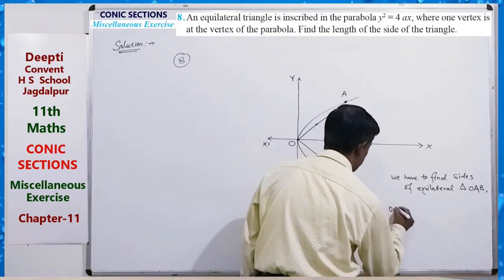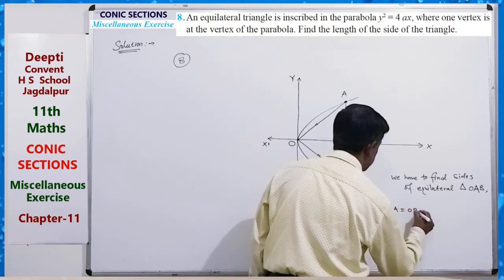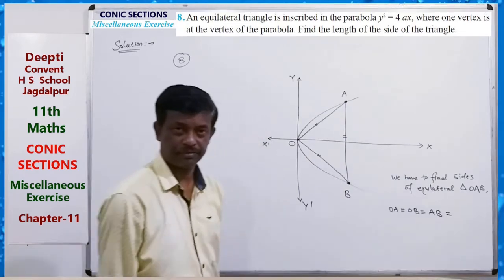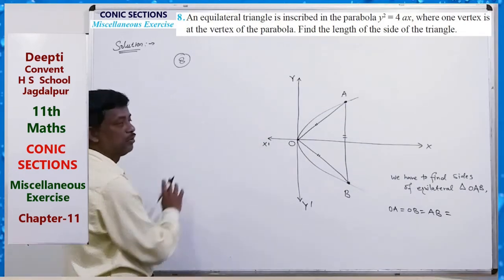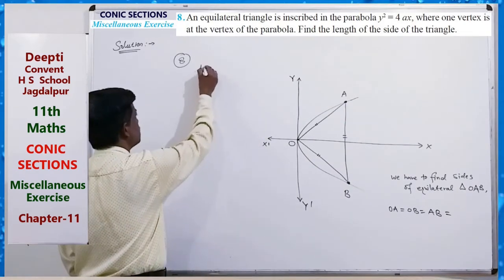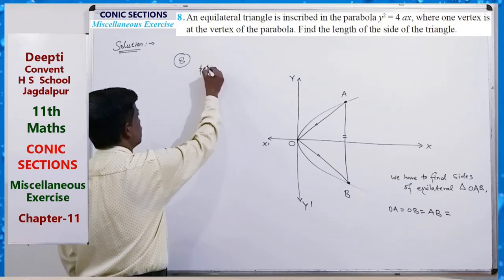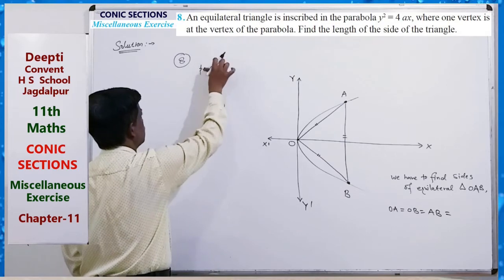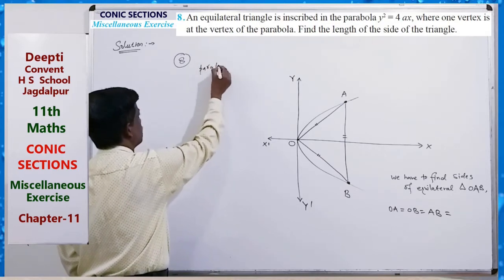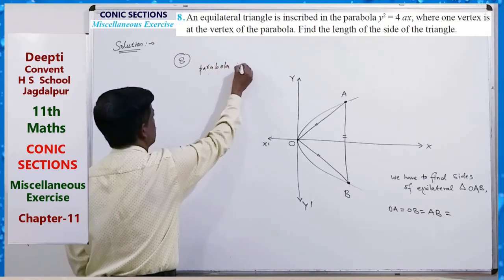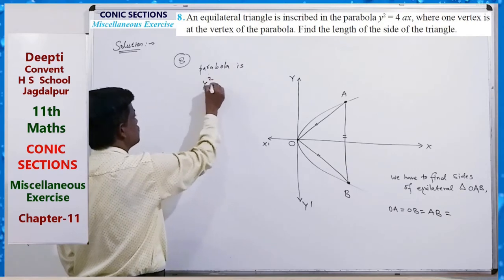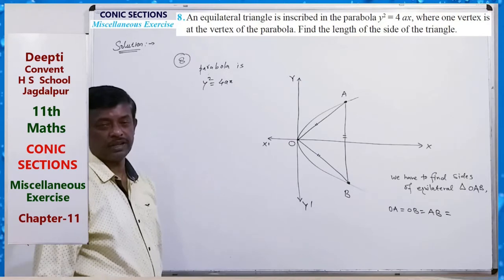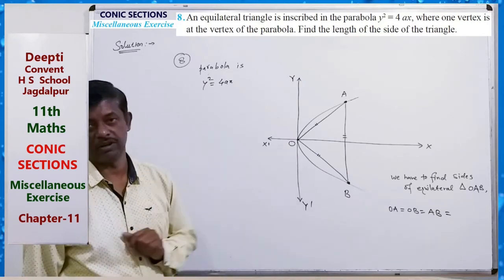That is OA, OB, AB equals what? Here, this is the parabola. So the parabola is y square equals 4x.